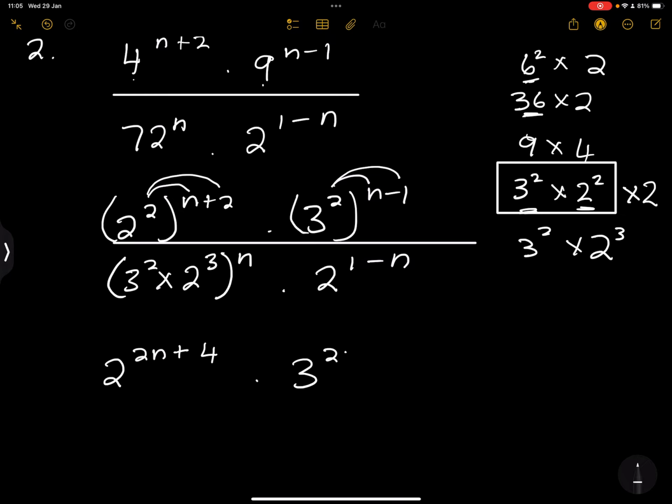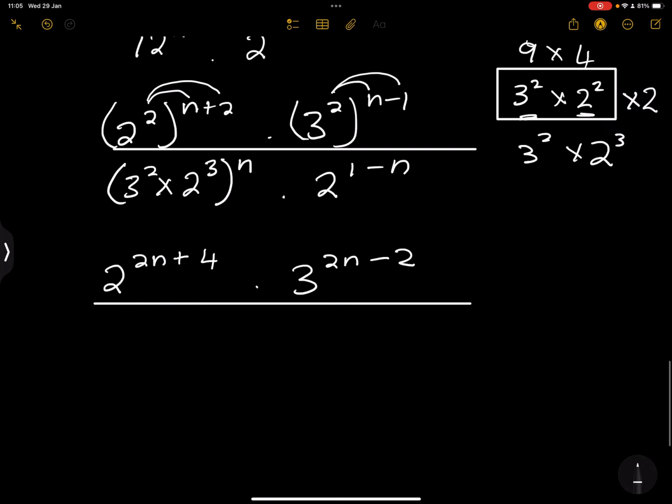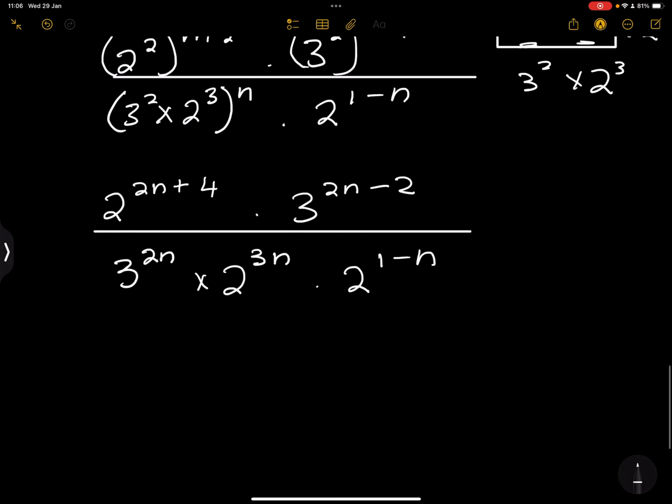So that's 3 to the power 2n minus 2 divided by, okay, that's 3 squared, okay, times n. That's 3 to the power 2n multiplied by 2 to the power 3n. Okay, and finally we say 2 to the power 1 minus n. Ladies and gents, all of it now has changed to prime bases, right?